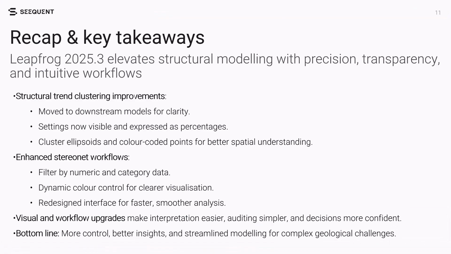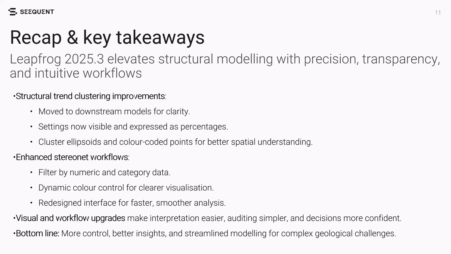Before we wrap up, let's quickly recap the key improvements in Leapfrog 2025.3 that make structural modeling smarter, cleaner, and more powerful. Structural trend clustering has been streamlined for clarity and control. It's now applied to downstream models, with the settings visible and expressed as percentages, so you know exactly how trends influence your model. Plus, cluster ellipsoids and color-coded input points give you clearer spatial understanding of your data.